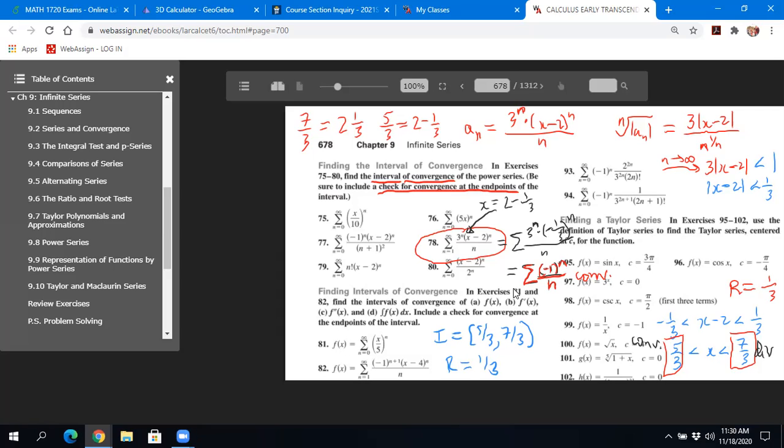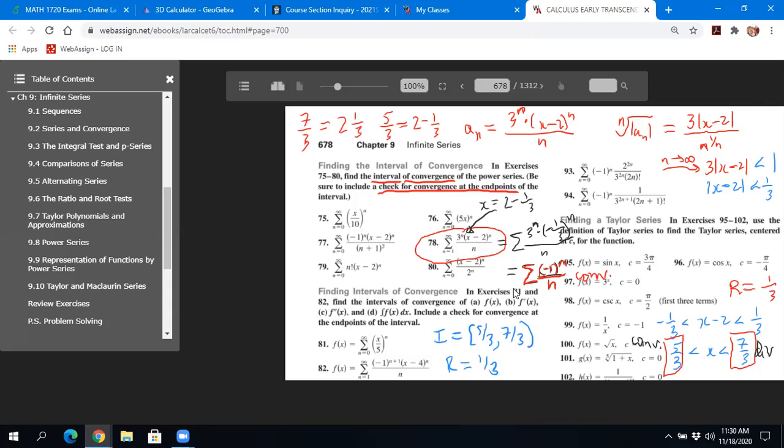Again, my admonition to you is to really practice some of these power series problems, because they test your mettle and make sure that you really know what you're doing. Even when you check the endpoints, you have to draw on stuff that you knew. Like just now we were like, oh, harmonic series, I know what that does.